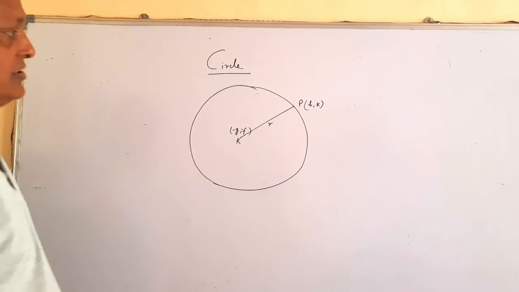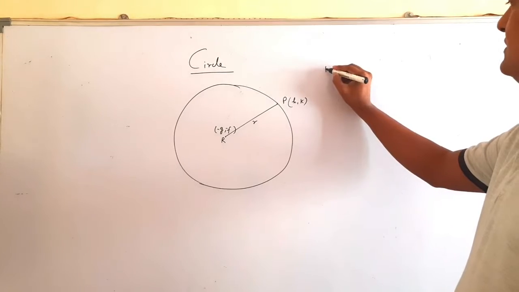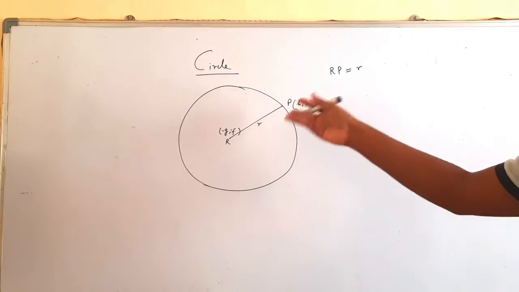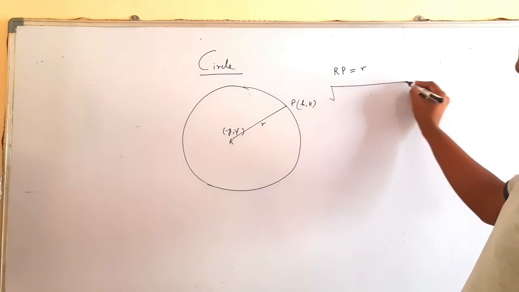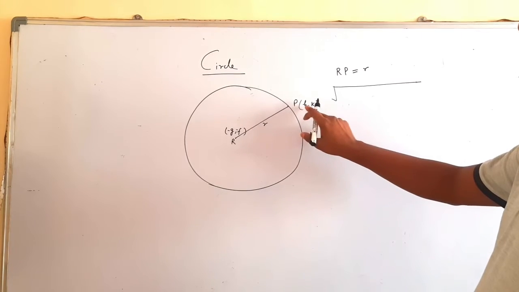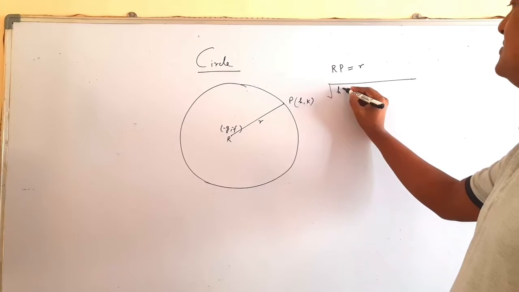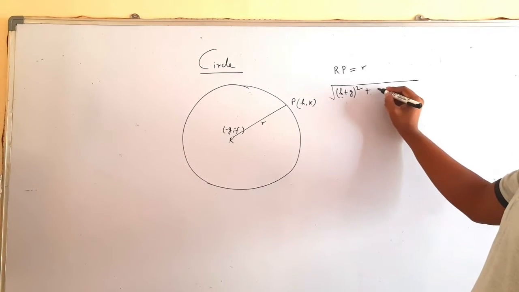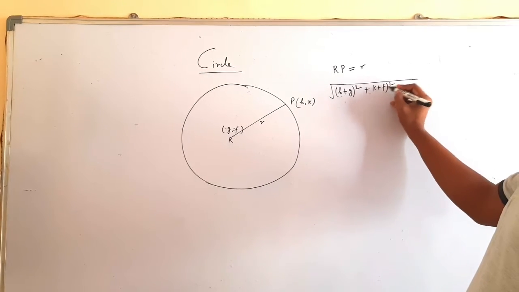So by definition, you see we get the situation: RP is equal to R. And what is RP? RP is the distance between the 2 points, so that can be written as square root of x2 minus x1 whole square. I take this one as x2 and this as x1, so h minus minus g will become h plus g whole square plus k plus f whole square.